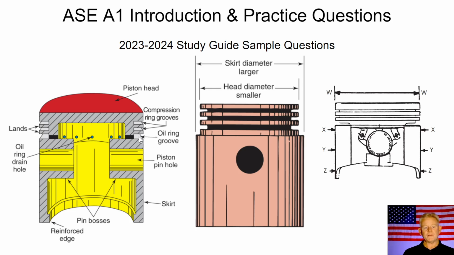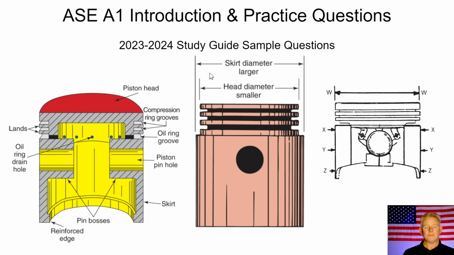It's different than the other grooves where it has these holes in the bottom of that groove, and that's how, after it's wiped the oil, it gets back down the inside of the piston and drips back down into the crankcase, okay? Then we have the piston hole, okay? We're using very basic terms here with this illustration. The pin bosses just means that's the reinforced material here where the wrist pin goes through. And then the skirt, okay?